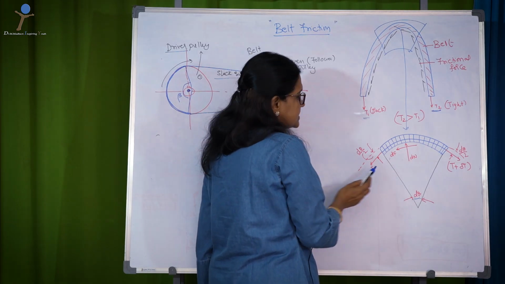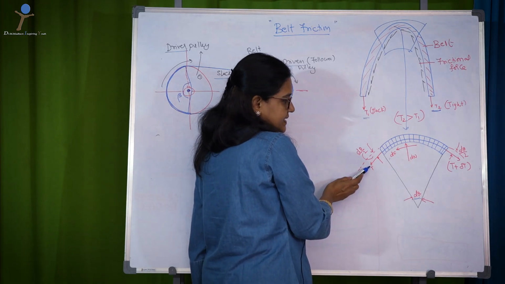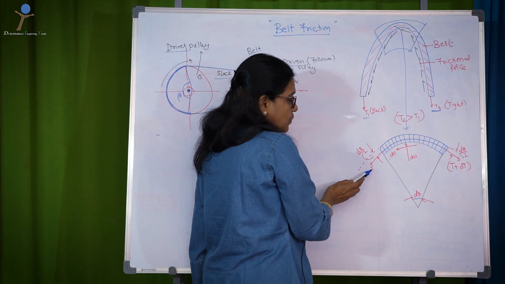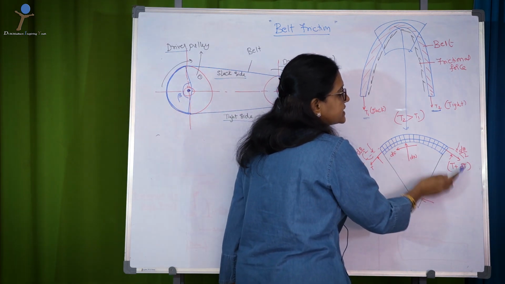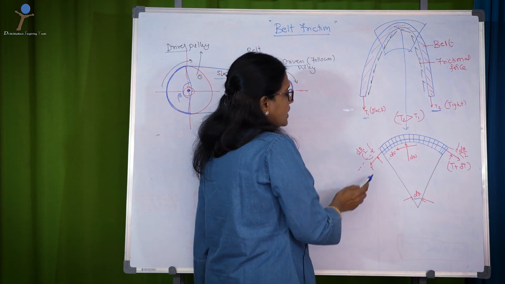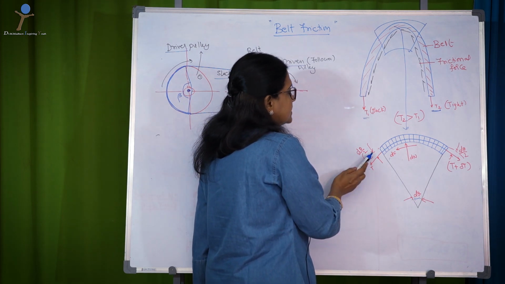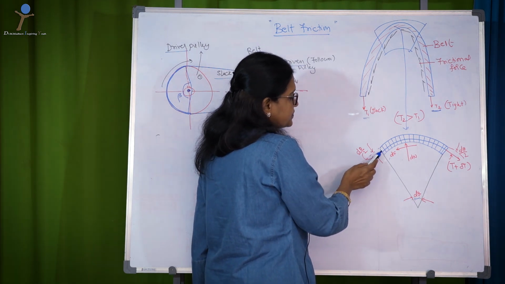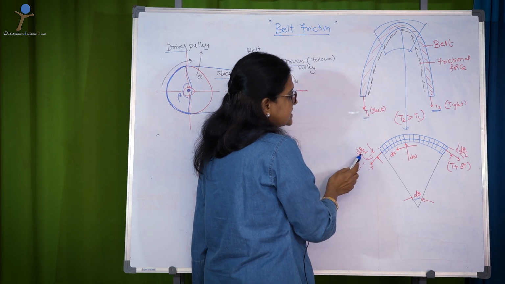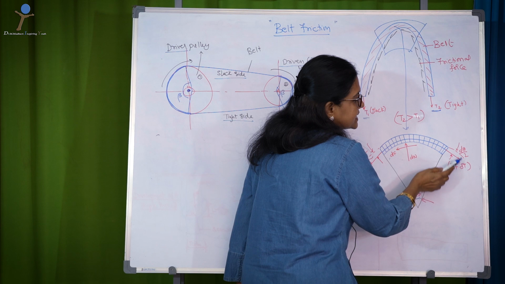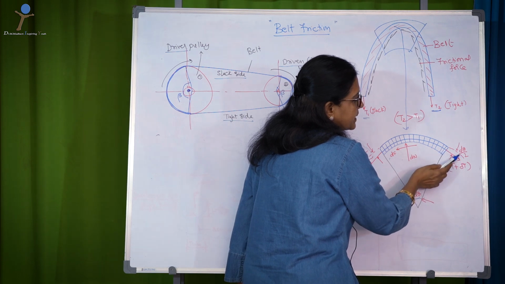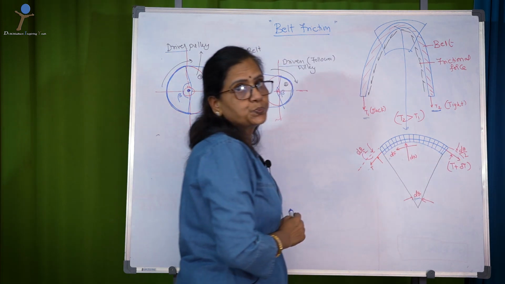Then the tensions are represented at the cut section of the belt, one T, that is the slack side, and T plus delta T on the tight side. If this is d theta, the angle subtended by the surface with this tension force is d theta by 2, and again with T plus delta T with the surface of the belt as d theta by 2.